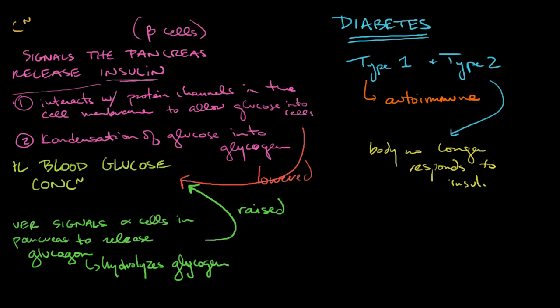I guess I should note that this autoimmune condition, type 1, makes up about 10% of diabetics, and type 2 makes up about 90% of diabetics. Type 2 is sometimes referred to, and I think I mentioned this earlier, as adult onset or child onset diabetes, but we're seeing more and more children being diagnosed with diabetes.